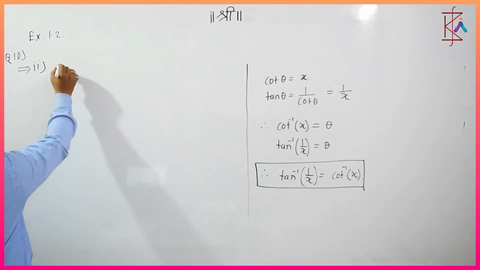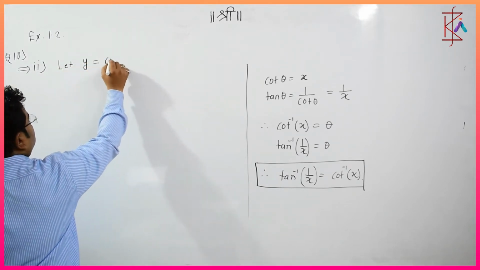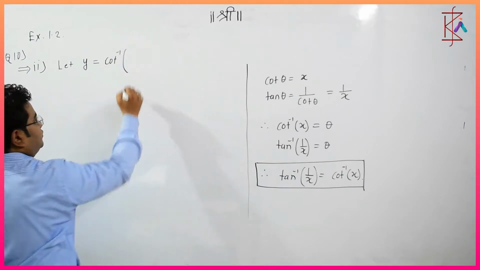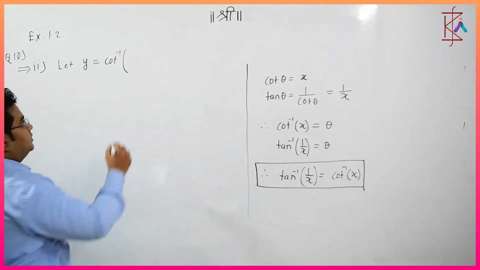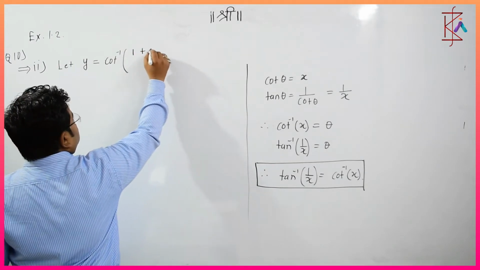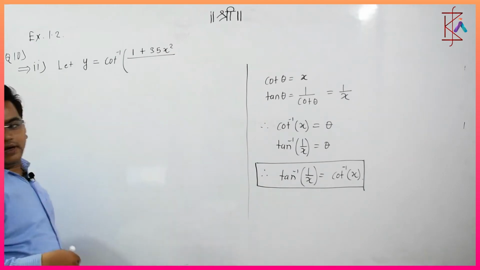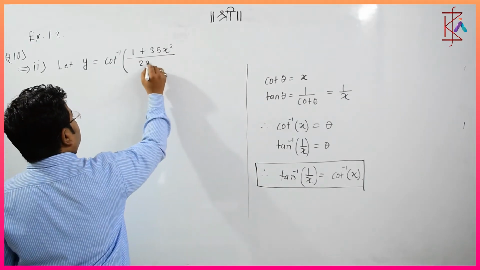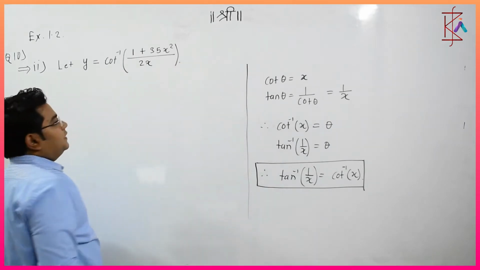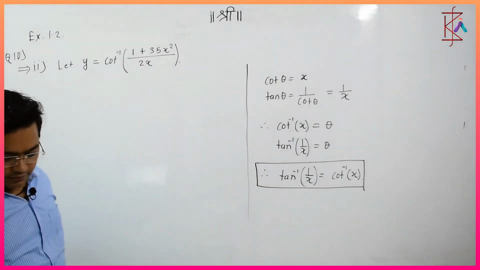So let y is equal to cot inverse of (1 plus 35x square) divided by 2x. Now can we apply this formula? Yes, definitely we can apply.